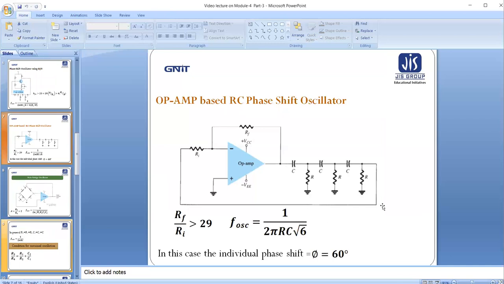So it is very easy to design. The advantages of this RC phase shift oscillator are a very stable frequency, easy design, and low cost, because no heavy or costly element is needed. The 741 IC op-amp is sufficient to drive this sustained oscillation.